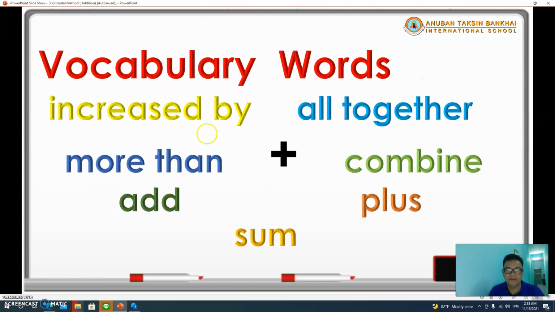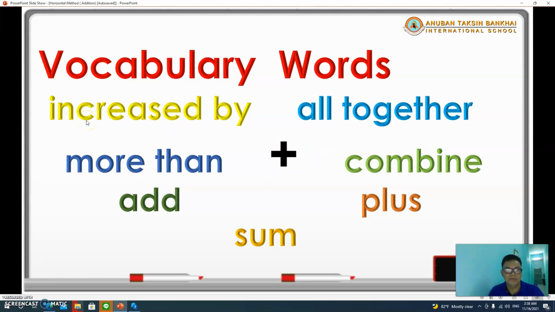So these are our vocabulary words. This is addition, plus. This is a plus sign or addition sign.